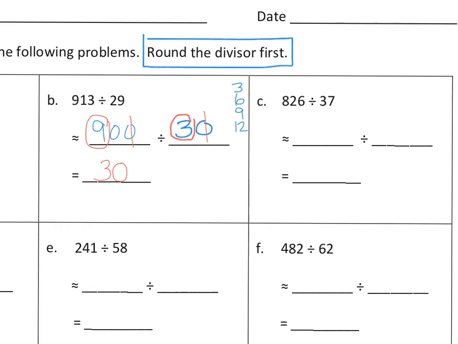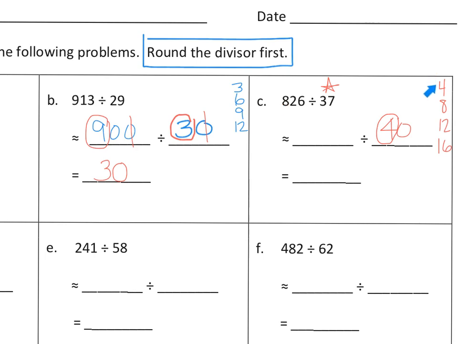Let's move over to C. We're going to round the divisor first, 37. 37 is closer to 40. I'm going to use that 4 as a basic math fact. So I'm going to quickly list a few multiples of 4: 4, 8, 12, 16. All right, so now let's look at the first digit in 826.